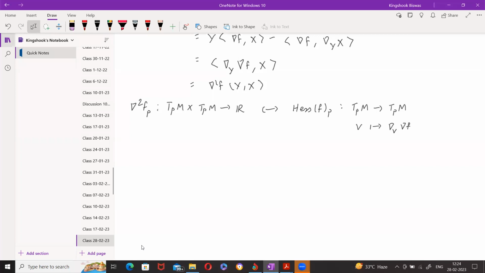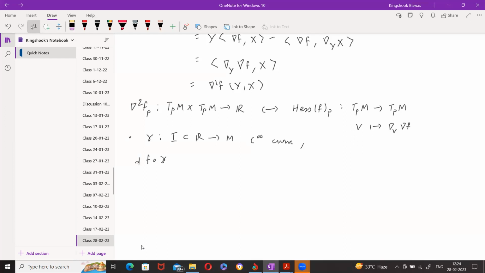Okay. So now, suppose gamma is a smooth curve. Then let's look at the function f composed with gamma, right?